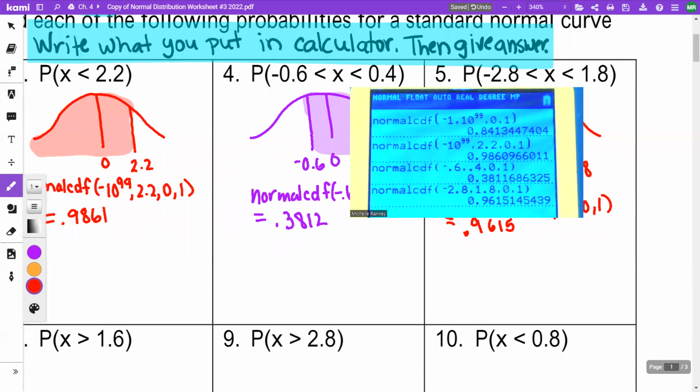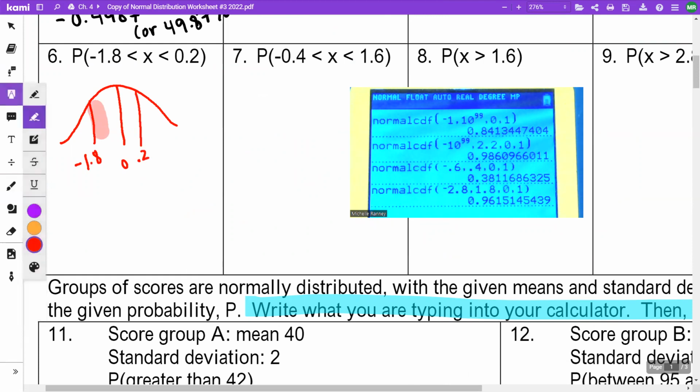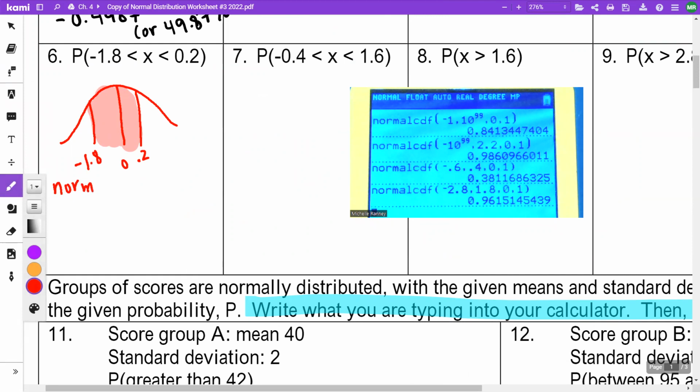On number 6, 0, negative 1.8 to 0.2. So normal CDF, minimum's negative 1.8, maximum is 0.2, mean is 0, standard deviation is 1.